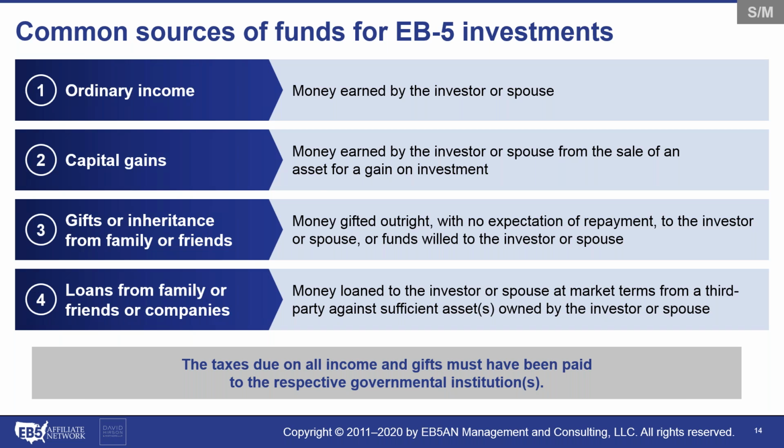You just have to show exactly where that 900,000 or 1.8 million came from. You don't have to prove anything about your total net worth or other questions. It's just, where did that 900 come from? How did you get it? And if there was tax due on it, you have to be able to illustrate that that tax has been paid and the funds were obtained by you legally.